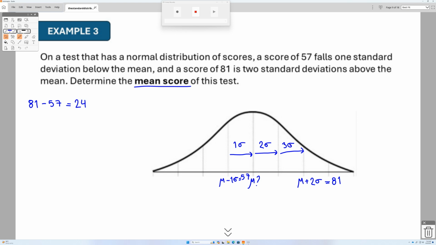Since between 57 and 81 there are 3 standard deviations, one standard deviation is 24 divided by 3, or 8.